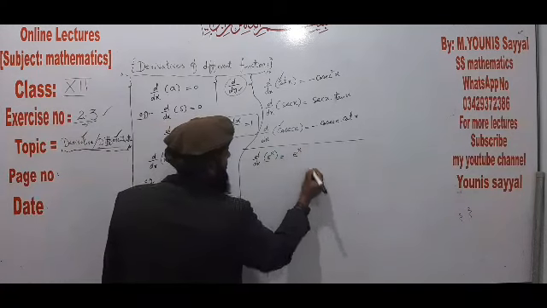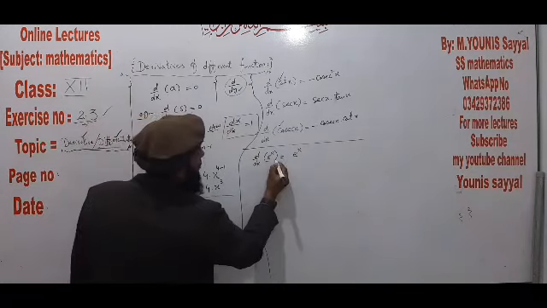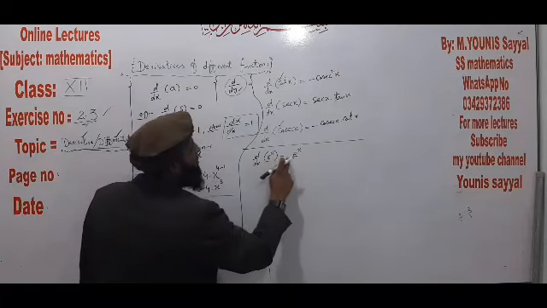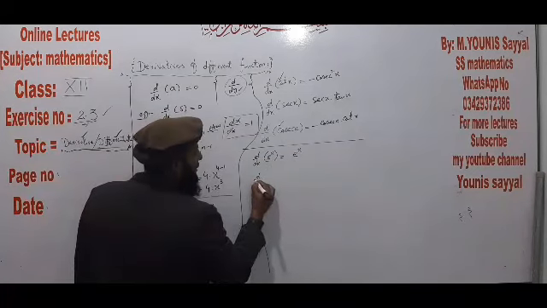Now some important derivations. The derivative of the exponential function e power x is e power x. This is the only one whose derivation is the same, no change.